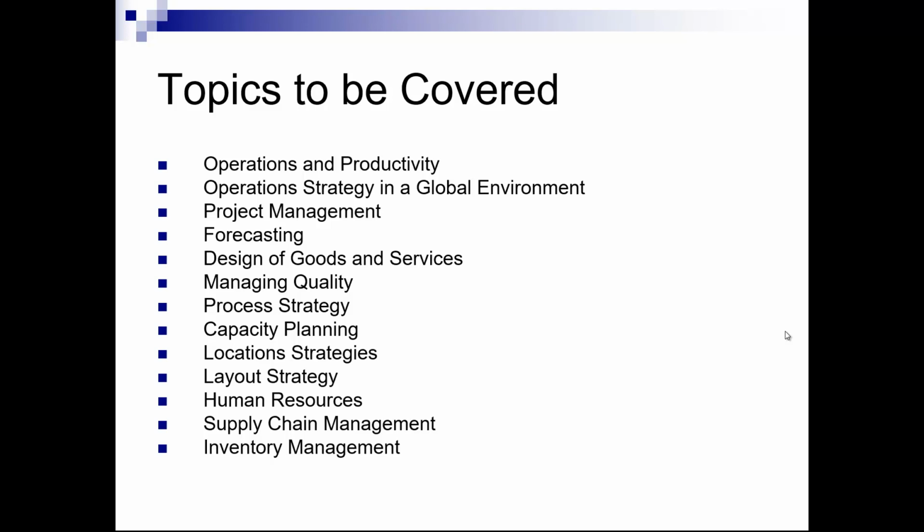And then in each stage, whether on the supplier side or the manufacturer side or the distribution side, we need to have inventory, we need to have storage, and we need to manage that storage. So basically those are the topics.